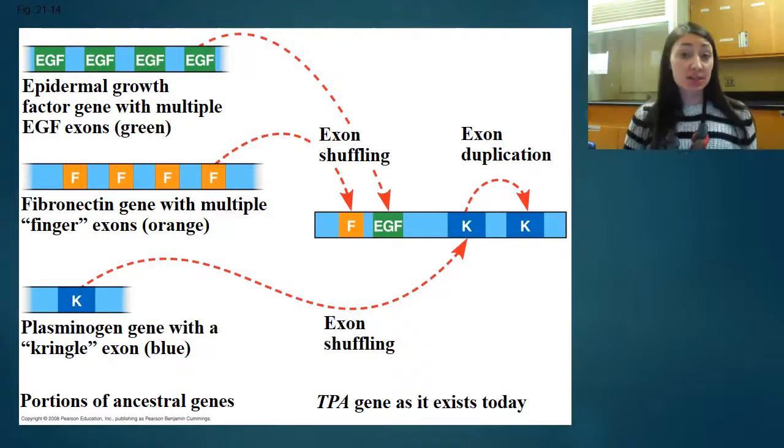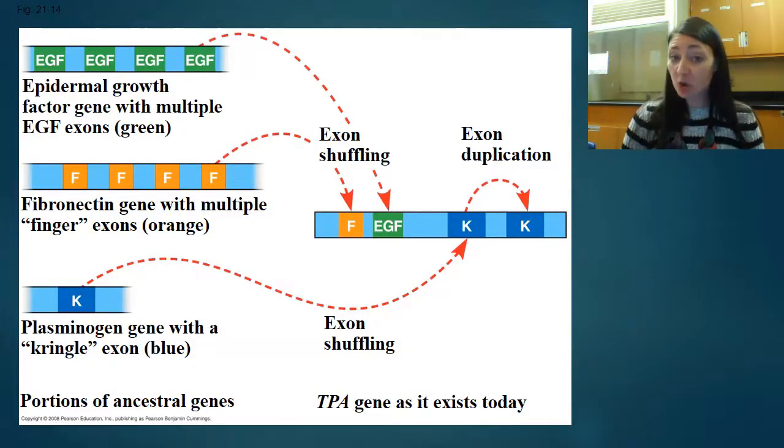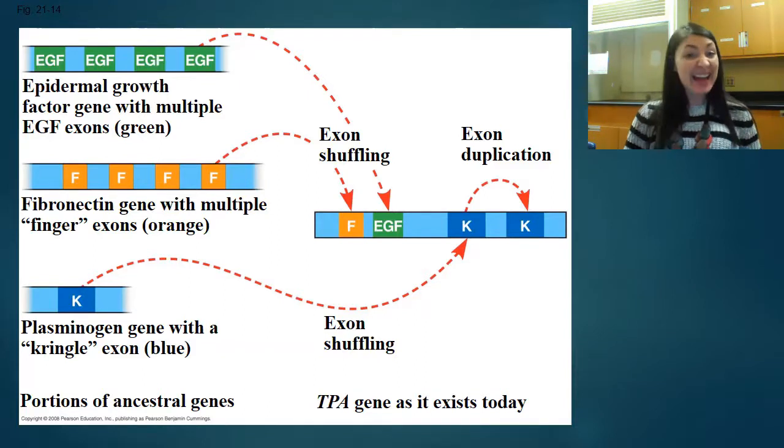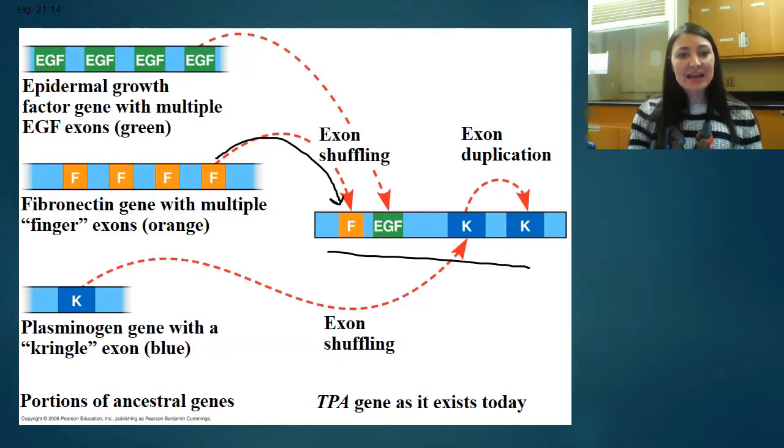Here's an example of exon shuffling and exon duplication in the modern day gene that codes for tissue plasminogen activator, which is a protein that controls blood clotting. We see that the gene itself is made up of several different genes. We see the fibronectin gene is in there, and the epidermal growth factor gene is also a part of it.